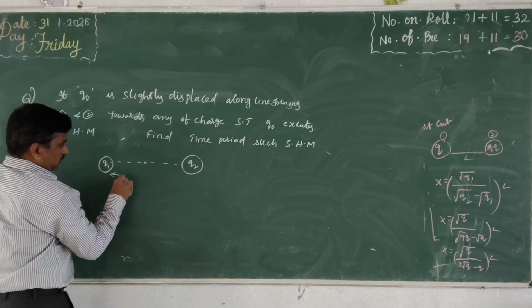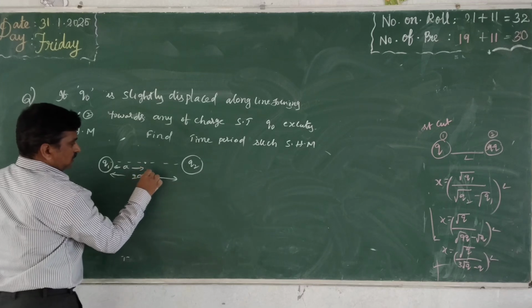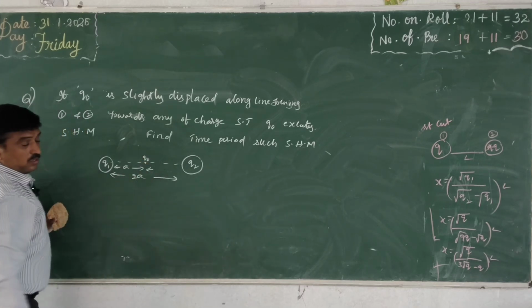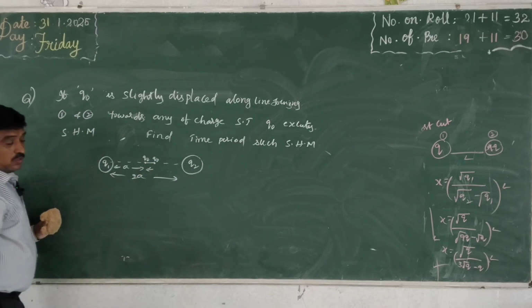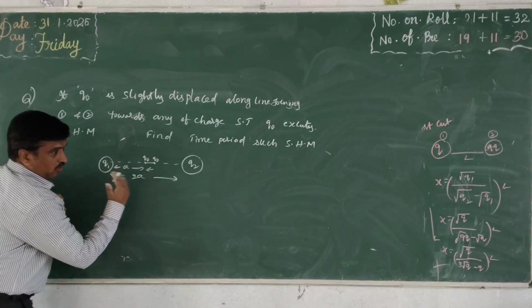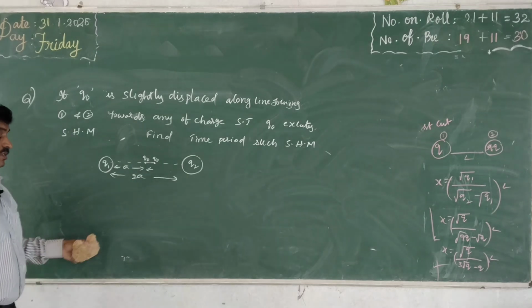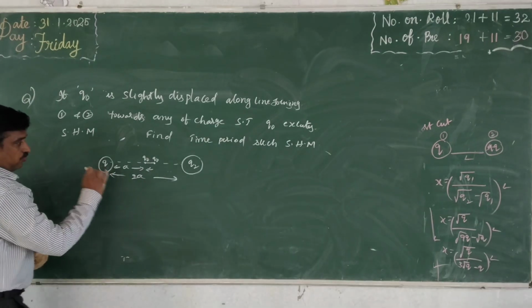This is 2a distance, this distance is a, this distance is a also. Here charge q naught is there, slightly displaced. Due to this slight displacement, it will oscillate in simple harmonic motion. In that case, what is the time period of this simple harmonic motion?